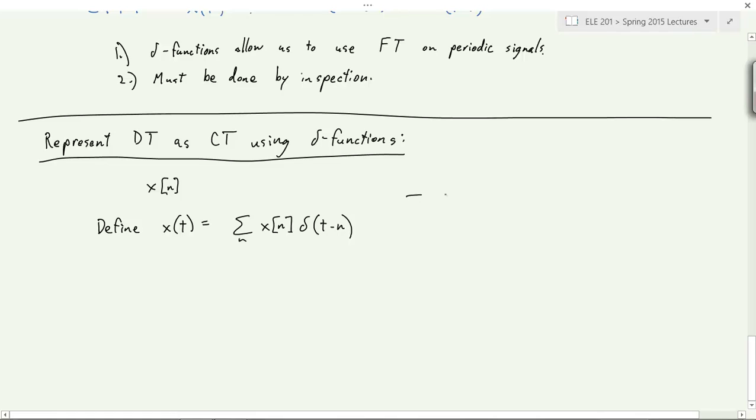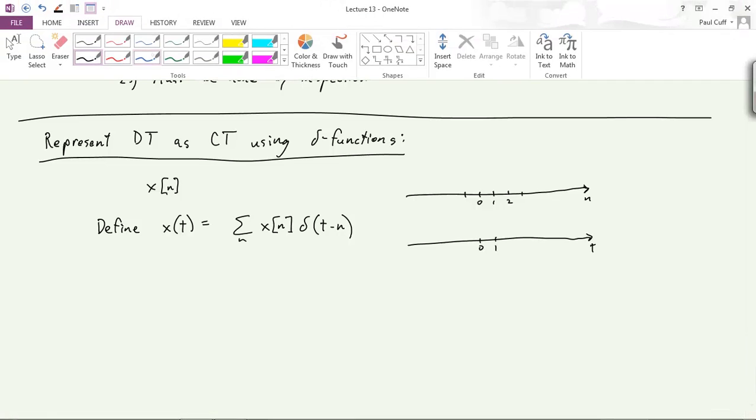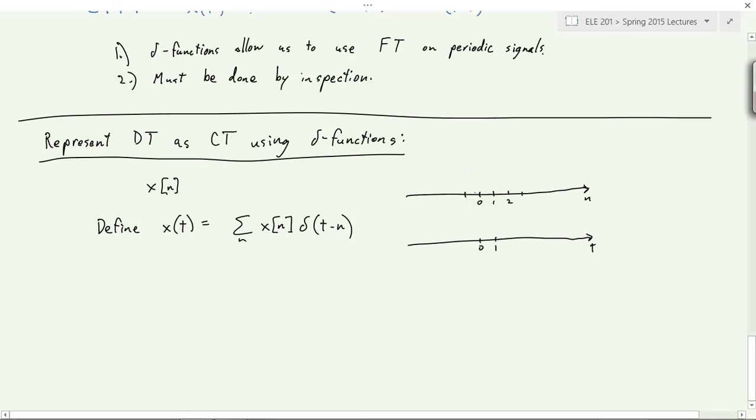So we have some signal, x of n is some signal of n, right? And we're trying to make a signal of t that represents it. So let's say there's 0, 1, 2. All right. So let's just give a simple example. Suppose this signal looks like this.